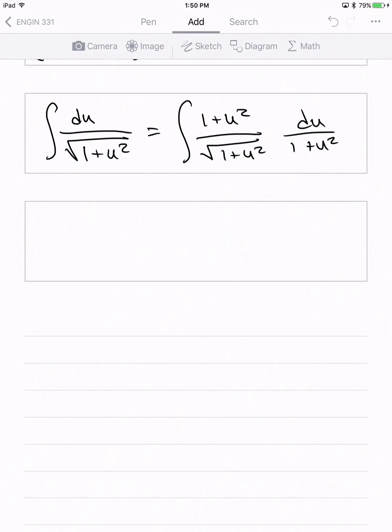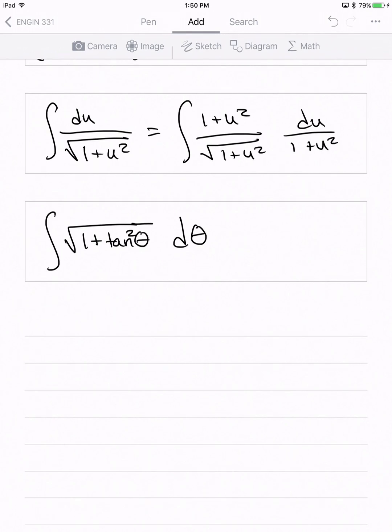Now I've got 1 plus u squared divided by square root of 1 plus u squared, which gives me, on top of the fraction, square root of 1 plus u squared. Remember that u is equal to tangent theta, so then I've got square root of 1 plus tangent squared theta. And remember, du over 1 plus u squared is equal to d theta. So that's my integral at this point.